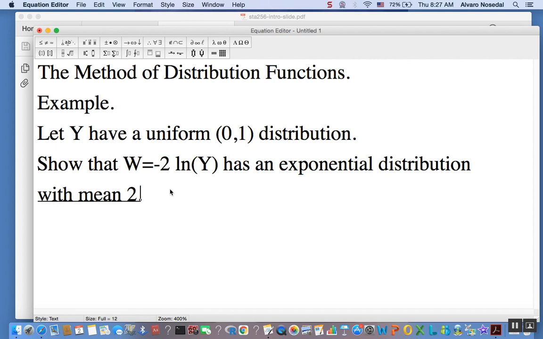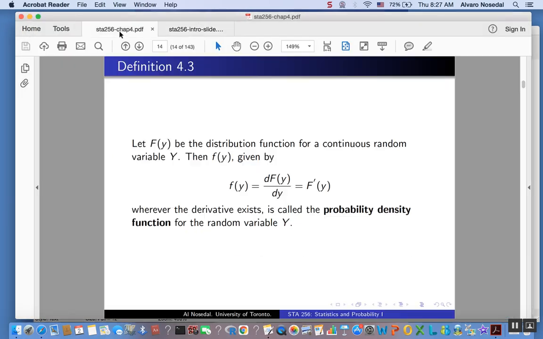Okay, so what's the idea behind the method of distribution functions? Let me just go back for a sec and refer to our lecture notes from chapter 4 and remind you the relationship there is between the PDF, the probability density function of a random variable, and its CDF, the cumulative distribution function.